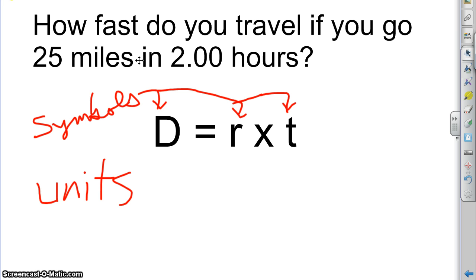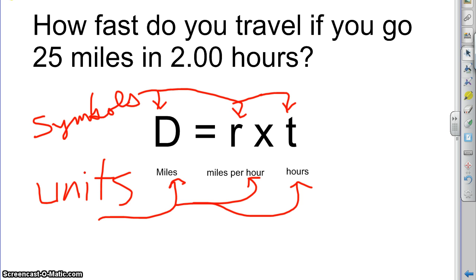You wouldn't say, how far did I go? Well, I went 25d. You would say that I went 25 miles. You would say I went 25 so many miles per hour. And you're talking about hours. So you have symbols, d, r, and t, and units, miles per hour, miles and hours. That's going to be important as we go forward.